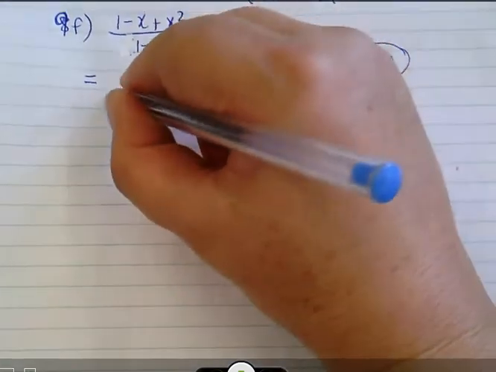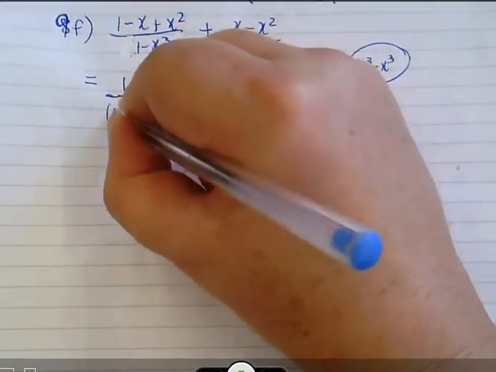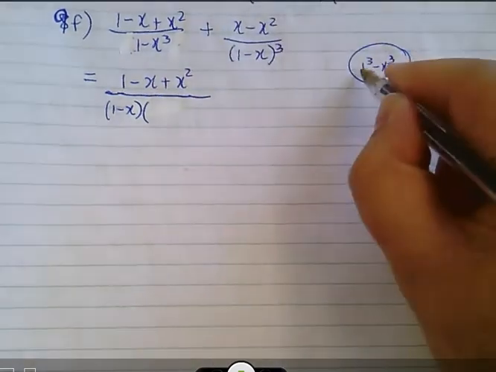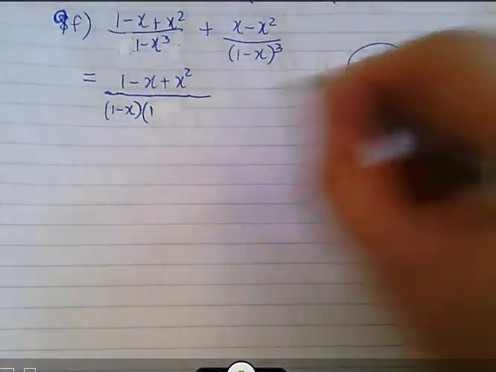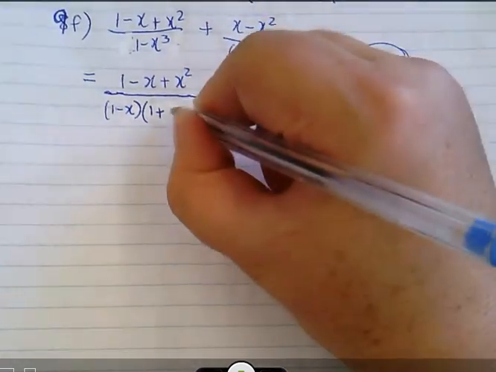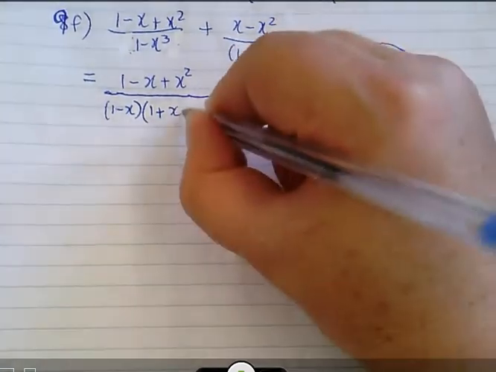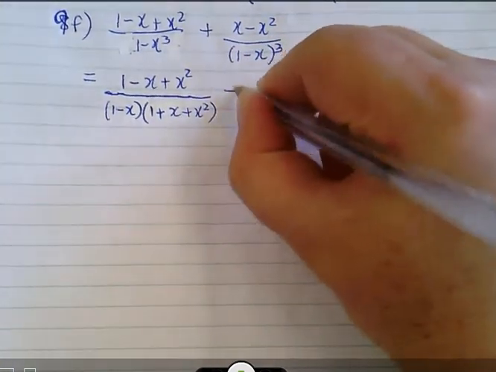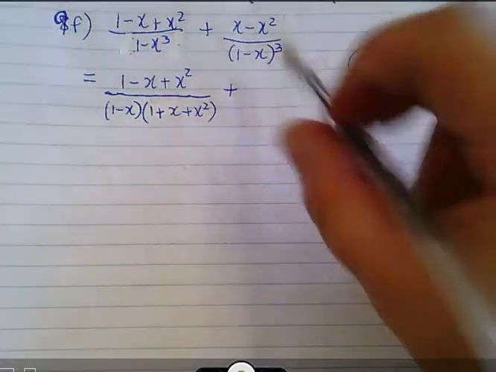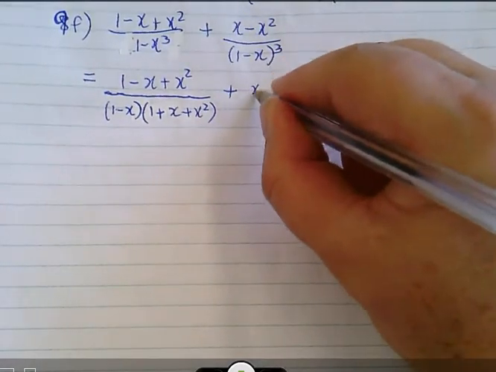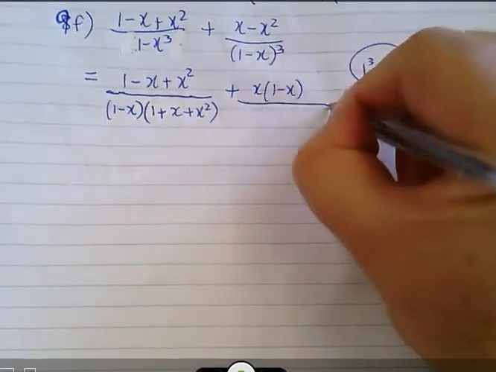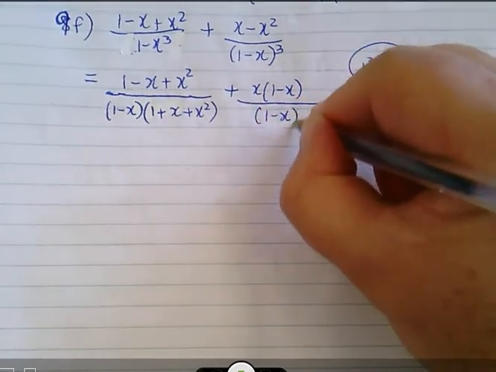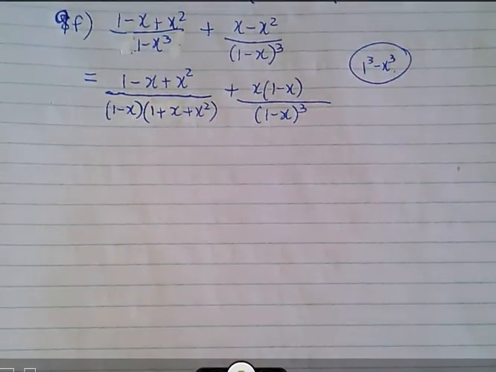So how do we factorize that? That's a difference of 2 cubes, isn't it? 1 minus x, 1 squared, which is 1, plus 1 times x is x plus the last term squared. Plus, factorize here, x bracket 1 minus x over, you cannot factorize this, 1 minus x cubed.